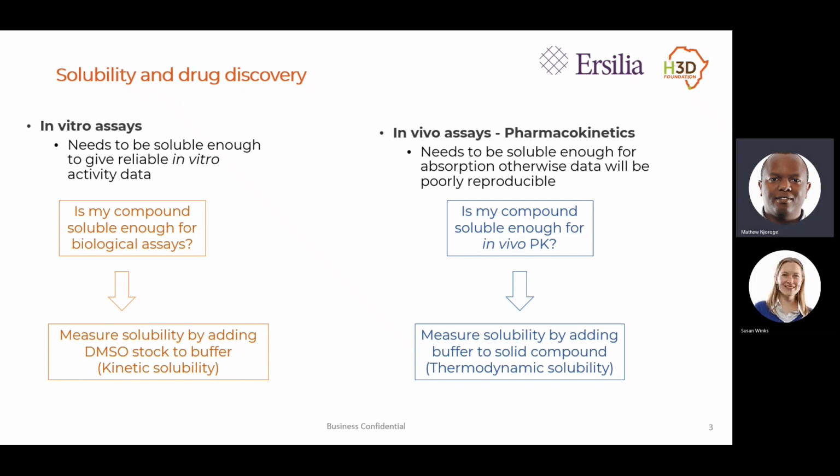Because if I measure the solubility of a solid form, then that might change the next time I do my synthesis and produce another batch of compound, because thermodynamic solubility essentially involves the solid form of the compound breaking down and going into solution in water.